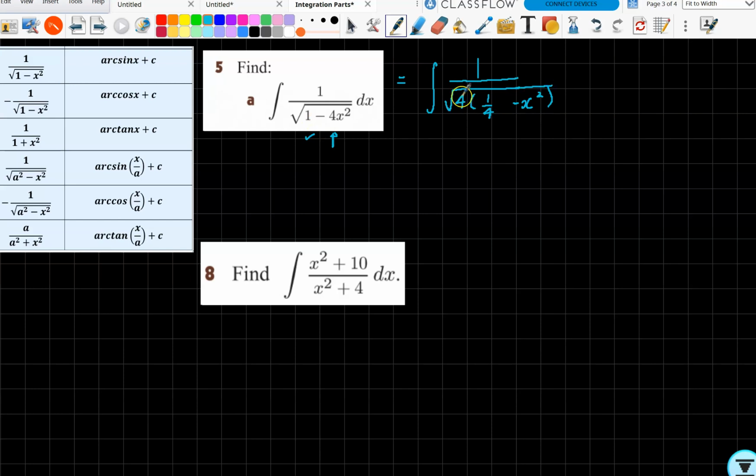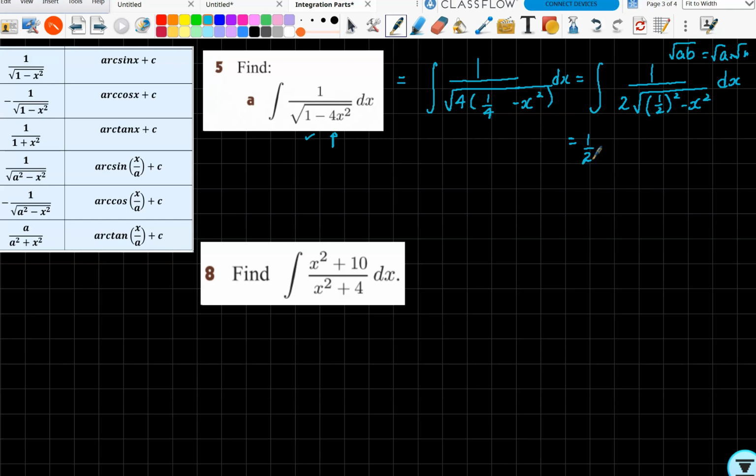However, now I've got this 4 here, but remember the root of a times b, I can separate to root a times root b. So this now becomes the integral of 1 over, separate that, so root 4 is out the front, which is 2, and a quarter is a half squared minus x squared. Guess what? Forgot my little dx's again. Bad, bad, bad. So this now becomes, I can pull out that 1/2.